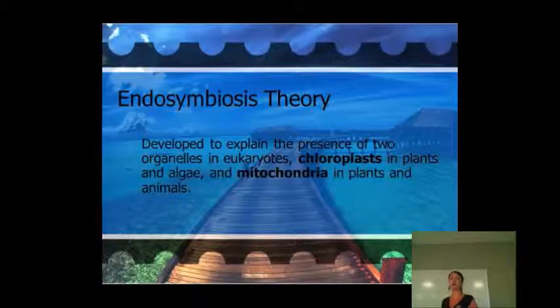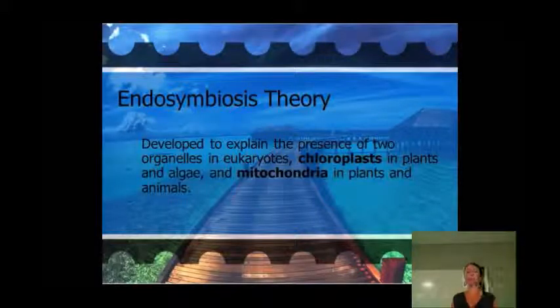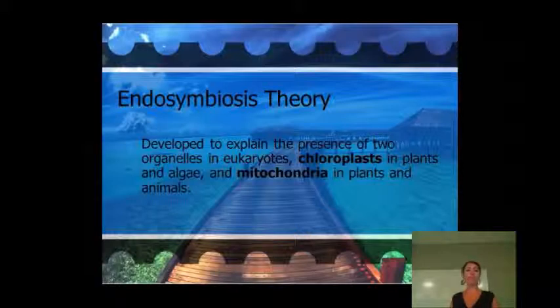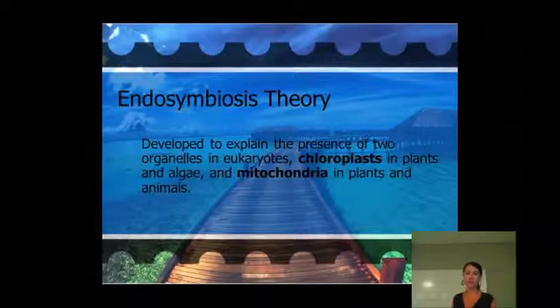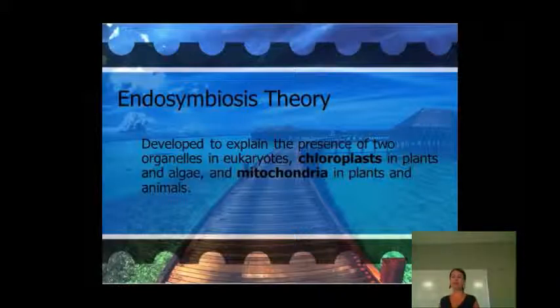So one of the ways that scientists have tried to understand how cells could have come from no cells, how cells could have first started in the beginning, is the presence of two organelles in eukaryotes: the chloroplasts in plants and algae, and mitochondria in animals.